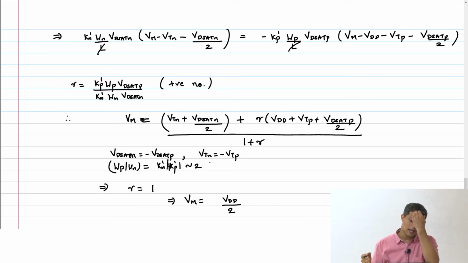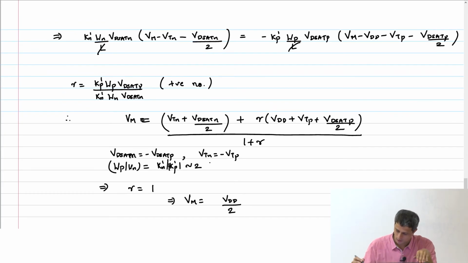Now what happens if my Wp goes up? Vm will decrease. Actually, that's not very obvious from this equation because there is an R on top, there is an R below and all that.